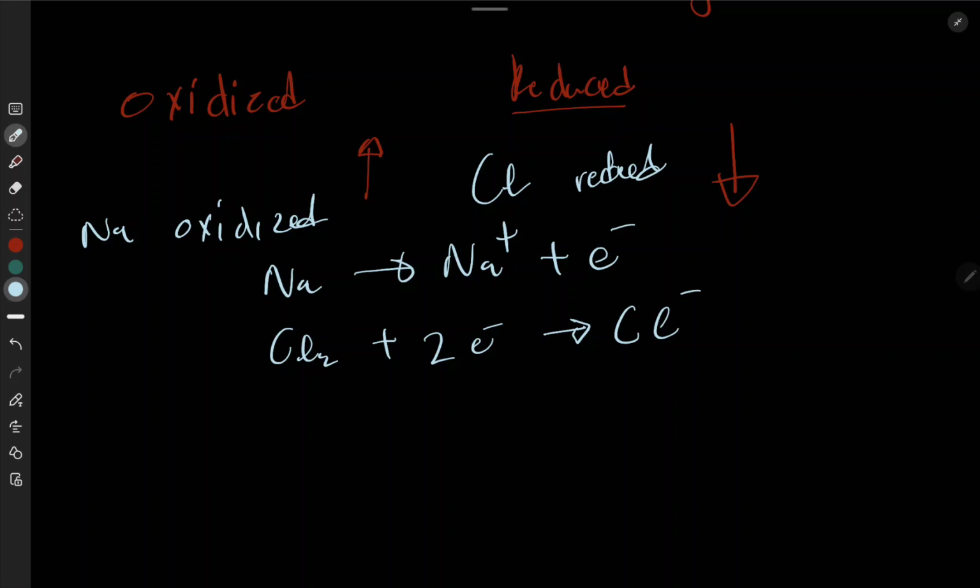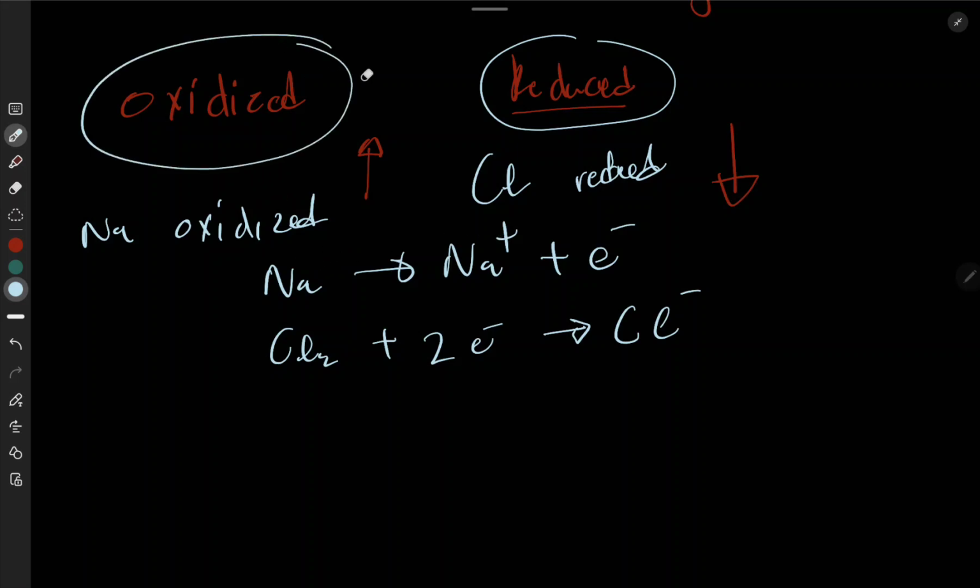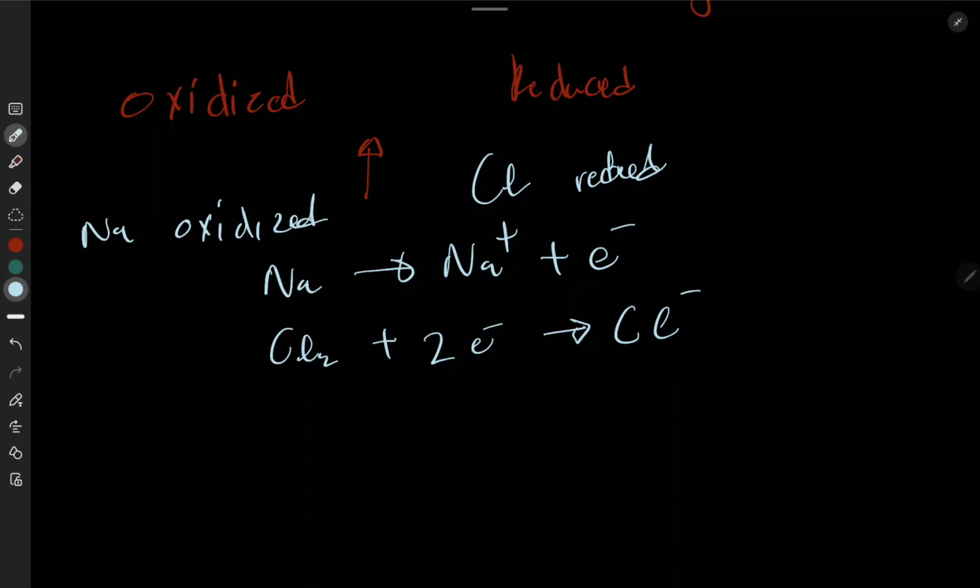So this one was reduced. And this one started from 0 and now it is plus. So its oxidation number increased, so it was oxidized. Remember I said none of them can happen all alone, so both need to happen to call them fully redox reactions: reduction and oxidation, losing and gaining of electrons.